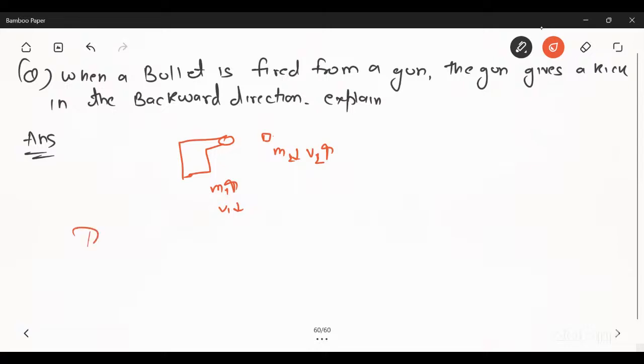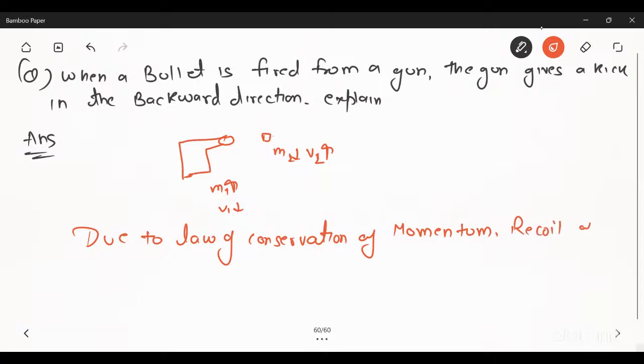Due to the law of conservation of momentum, recoil of the gun will happen.